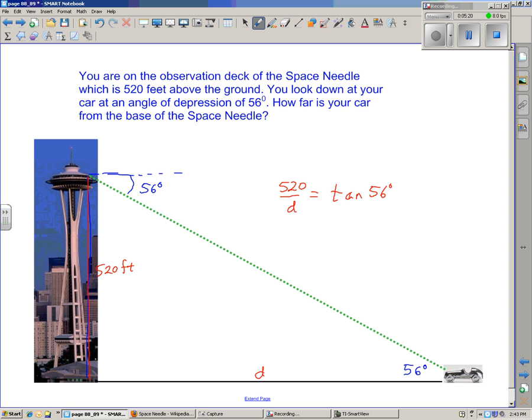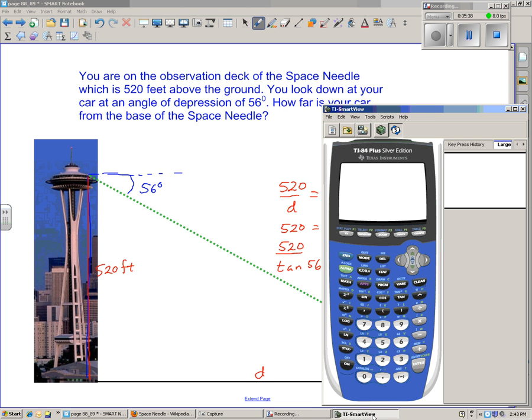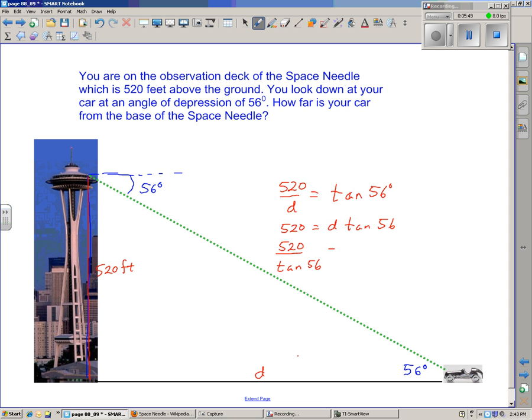I could solve that by doing 520 equals d times the tangent of 56, and find d by doing 520 divided by the tangent of 56, which is, let's calculate it here, 520 divided by the tangent of 56 degrees is 350.7 feet.